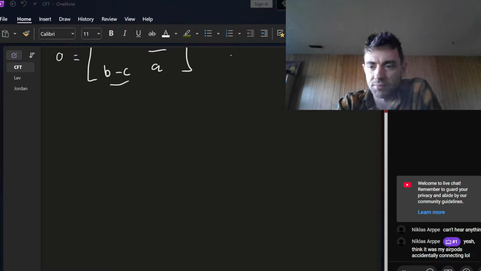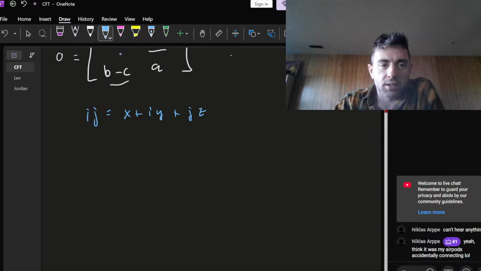So what is it? We suppose, to the contrary, that there's a non-trivial linear combination here. And we multiply by i, like before, plus zij.